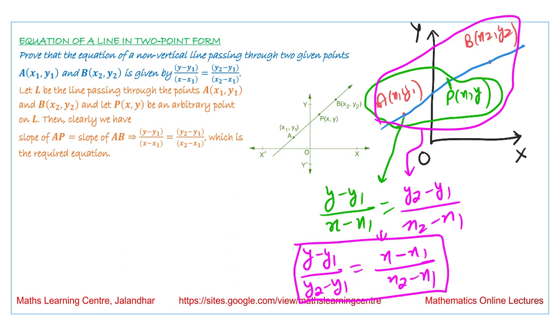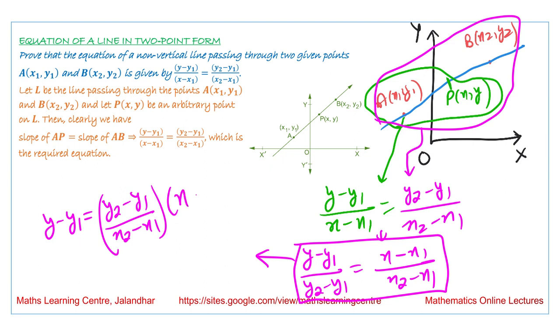Or we can write it in the form y minus y1 is equal to y2 minus y1 over x2 minus x1 into x minus x1, and this value is basically the slope that we have for this line.